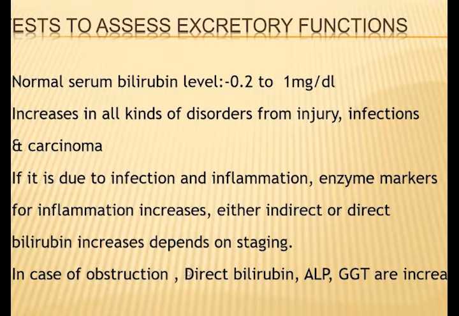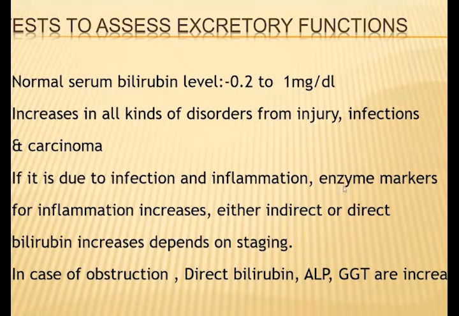Wherever there is obstruction in the bile flow, direct bilirubin will be elevated, ALP, alkaline phosphatase, will be elevated, and gamma glutamyl transferase, GGT, will be elevated. This is otherwise called a canalicular enzyme. So all these will be elevated in obstructive jaundice.